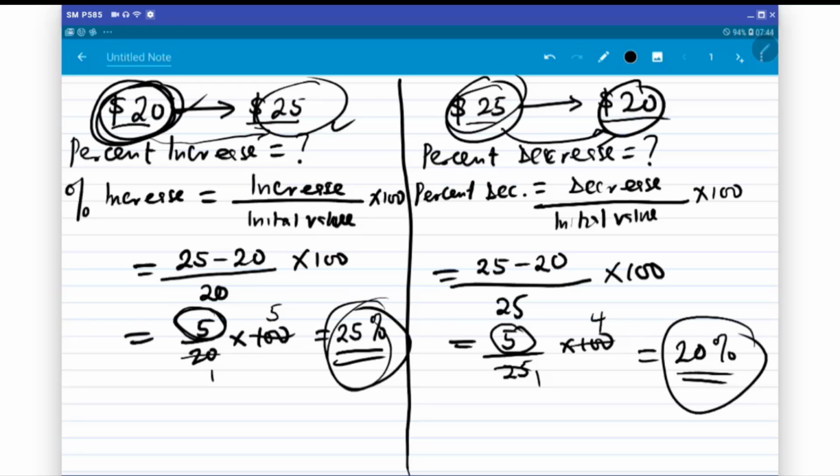So that means the change can be equal, but that does not mean the percent change will be equal. This equal change does not give equal percent change all the time. So you have to be careful with those kinds of questions.